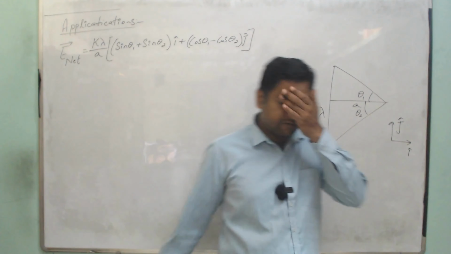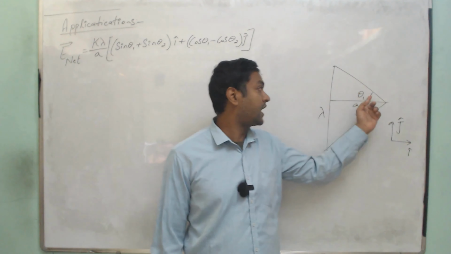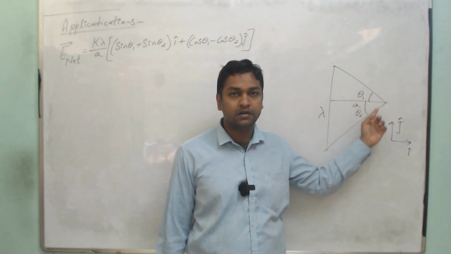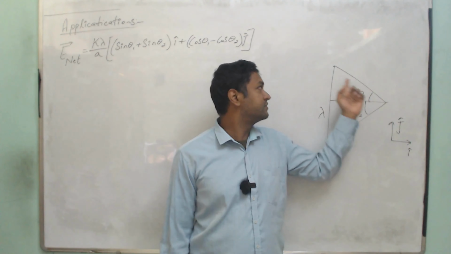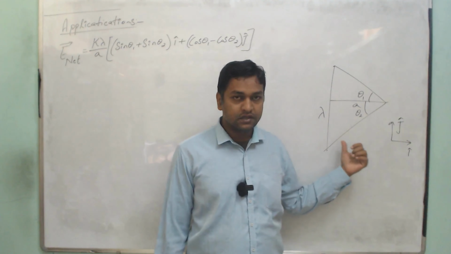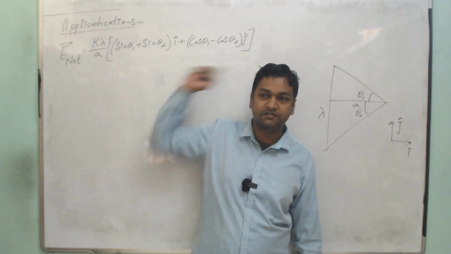Very important factor over here. Don't forget that the angles theta 1 and theta 2 are these angles. That means in the question, if it gives you these angles, then you will have to do 90 minus whatever is specified here.